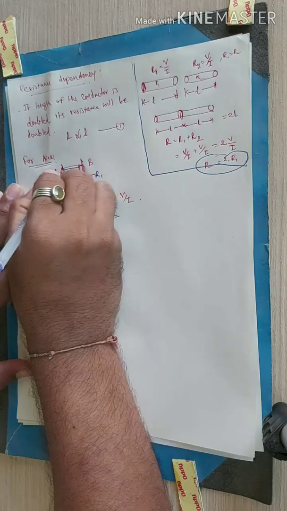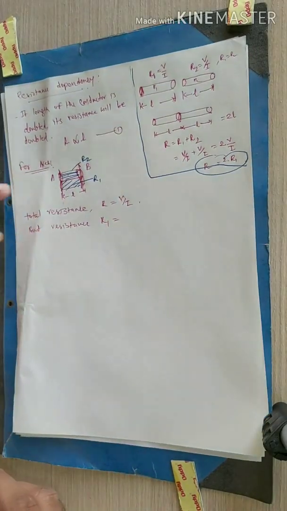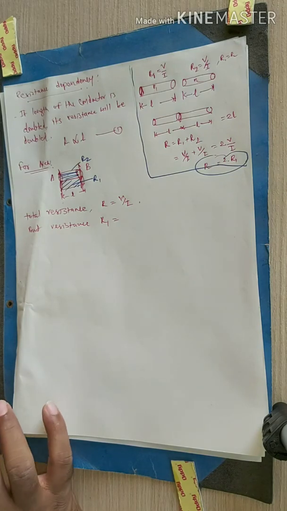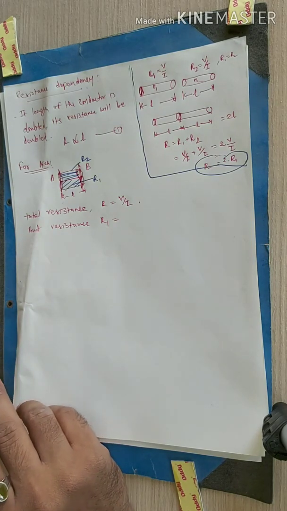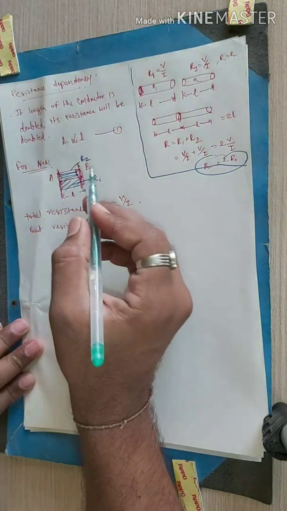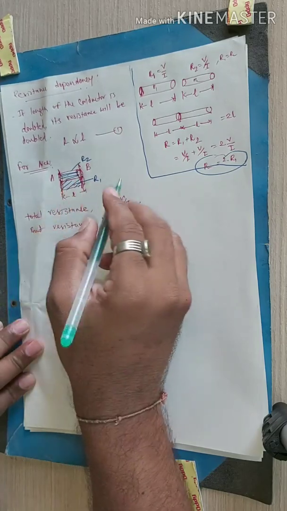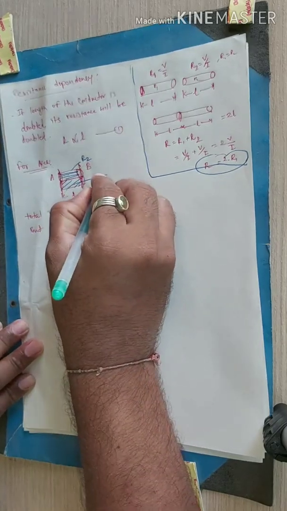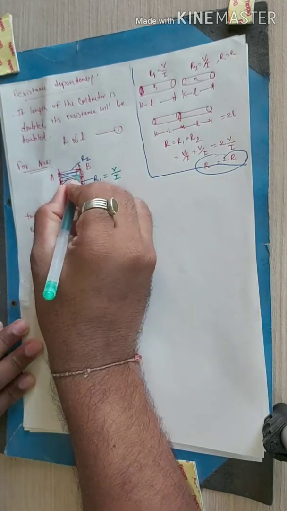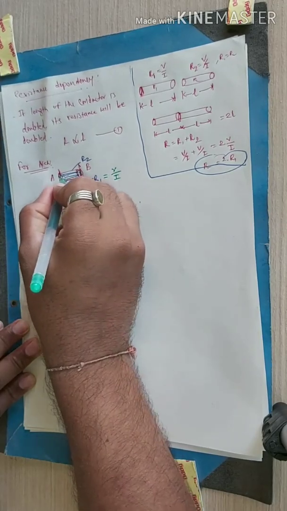Here the potential difference between A and B is the same, and the resistances are R1 and R2, and the current which passes through A and B is divided. So R1 is equal to V upon I, but as the current is divided here, for the lower portion we get the current I by 2.